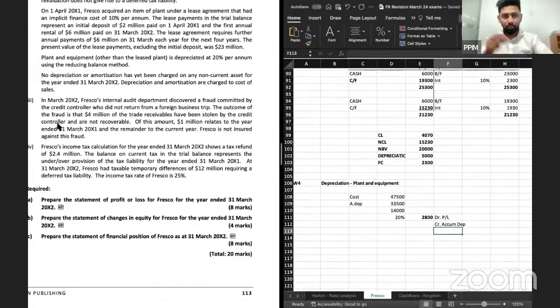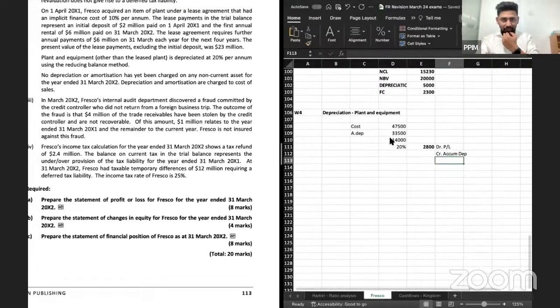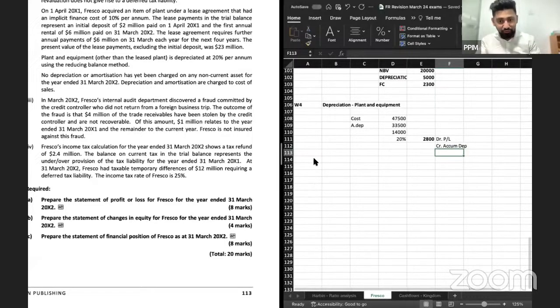Fresco is not insured against this fraud. Okay, what has happened? Quick, what has happened? Don't tell me fraud has happened. I know it's a fraud. Number 5.